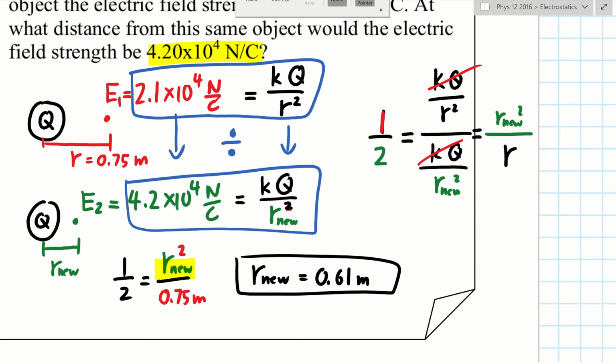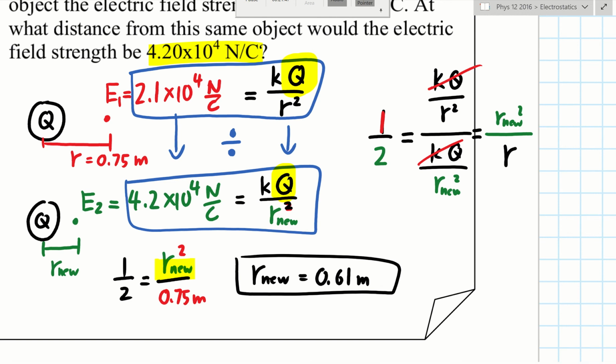So in this calculation, I think the only surprising thing is how I deal with this part in here. Most people would think, oh yeah, maybe I need to actually find out what Q is from this equation. You can do that too. Because you have R, so you can do R squared, multiply, divide by K, you can find Q. And then you would say, oh yeah, then I will just use the same Q in here, and I will solve out the R. Sure, you can do that.